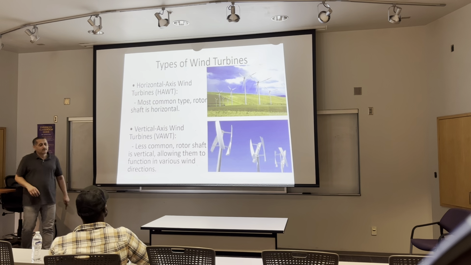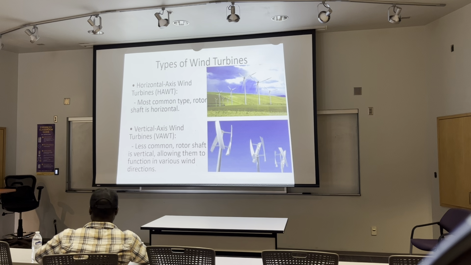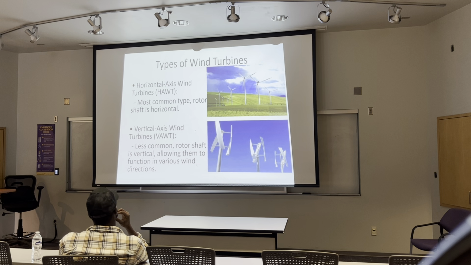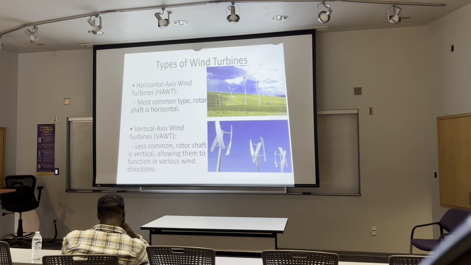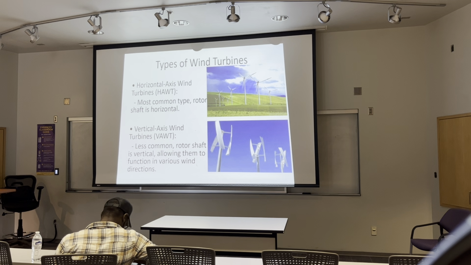Now, the types of wind turbine are classified into two types, either horizontal axis wind turbine or vertical axis wind turbine, depending on the rotor. What is meant by the rotor?